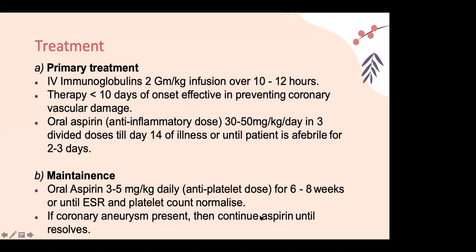Okay, so for the treatment of Kawasaki disease, first we give intravenous immunoglobulin. Next, oral aspirin, because we want to prevent thrombosis, and for maintenance we give oral aspirin until ESR and platelet count normalize.